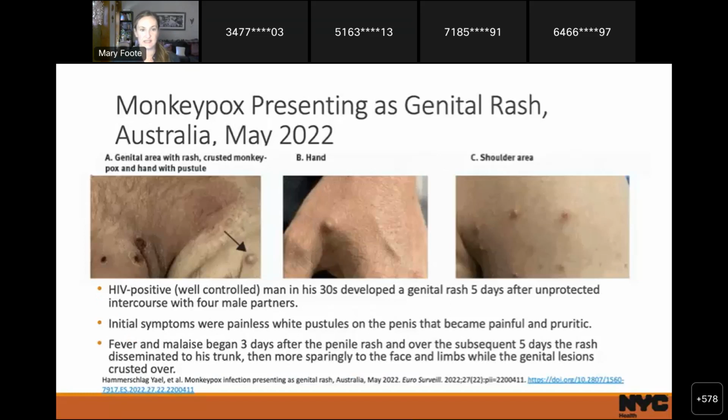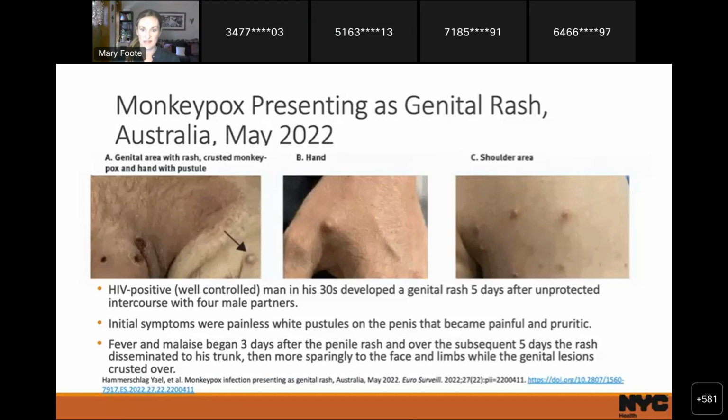And then this is a nice example of a typical, atypical presentation. This is a case report from Australia. We had a man in his 30s with well-controlled HIV who developed a genital rash 5 days after unprotected sex with 4 male partners.